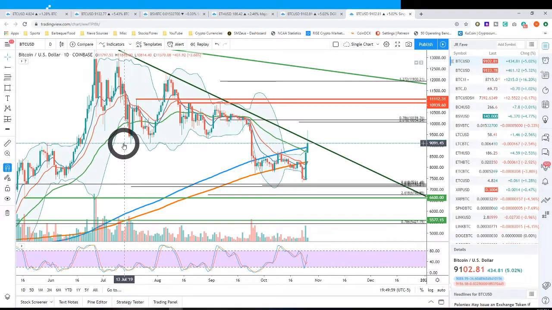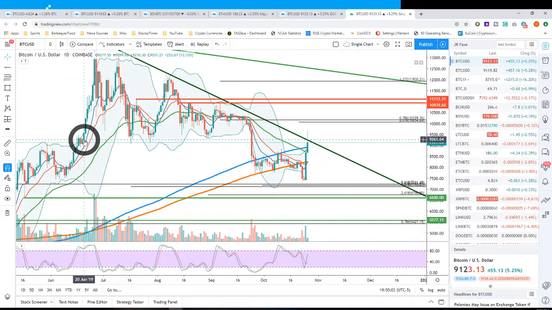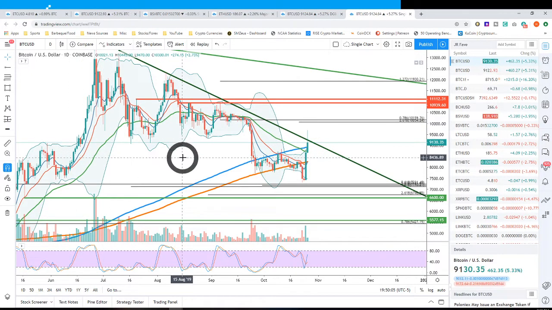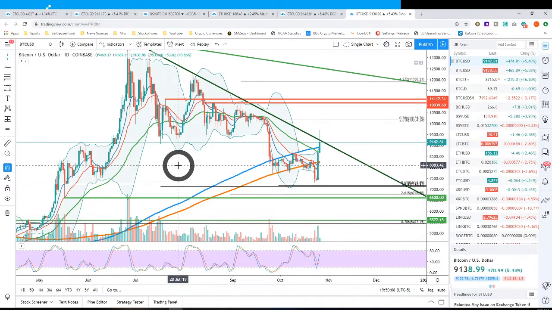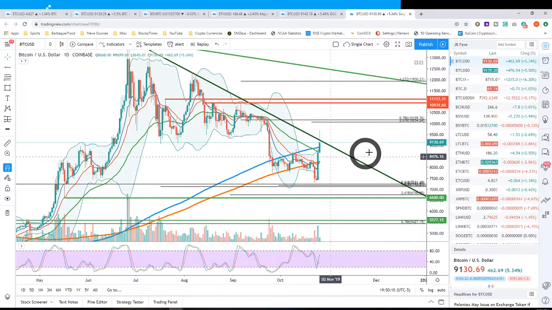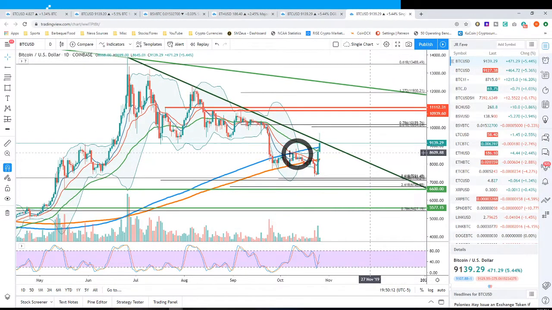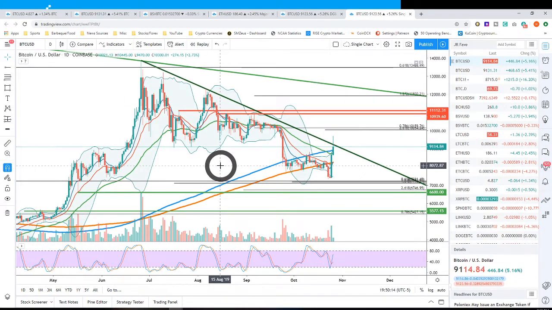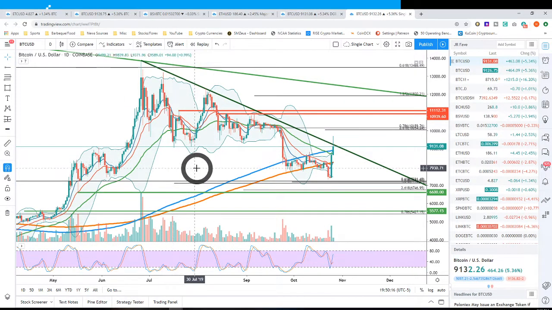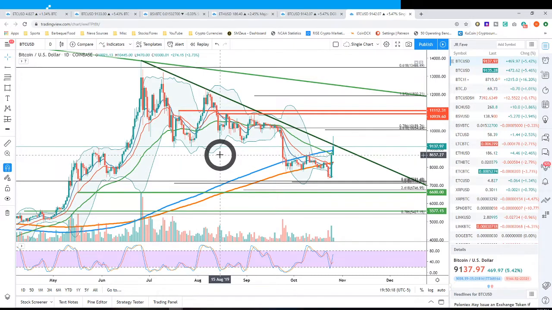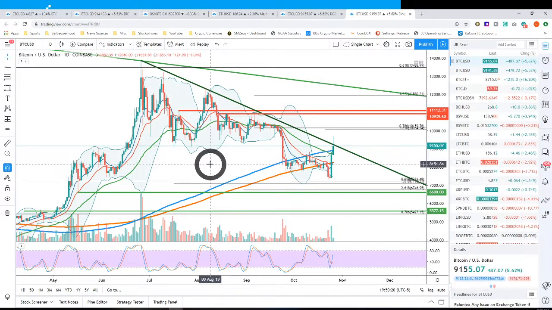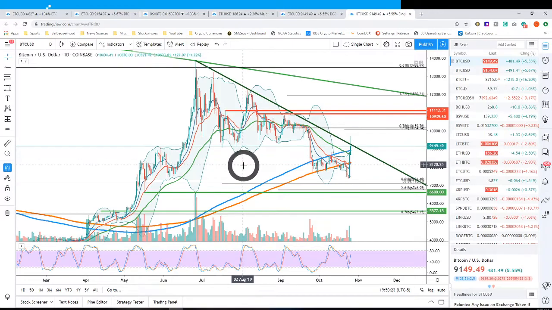Those idiots that were calling for 3,000. Give me a break. Unbelievable. Who was in here saying it had to break below 7,100 before I got bearish? Who did that? Me. Right? I'm not trying to brag, guys, but I've been around this for 20 years and I've seen it before.